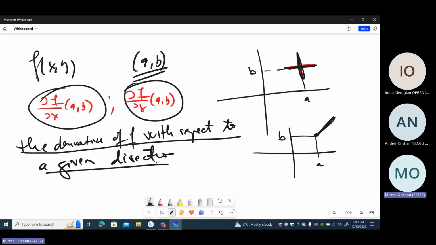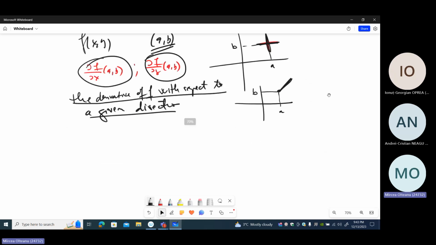Now, what does a direction mean? It means a vector. A direction like this is given by a vector. So in the plane, we shall consider the vector S = (S1, S2). Usually it is a versor, a unit vector.